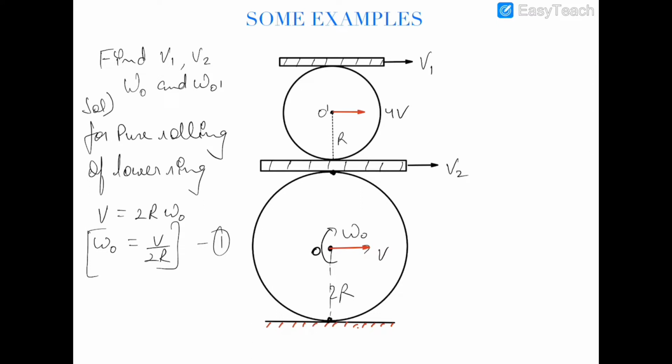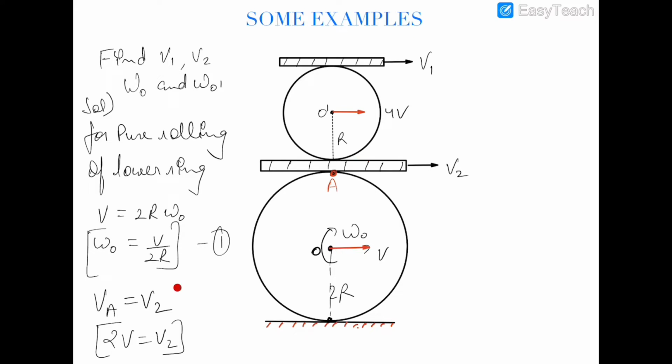Now obviously the pure rolling is also occurring at this point. Let's suppose it is A. So at A pure rolling is occurring, therefore we can say that velocity of A should also be equal to V2, and velocity of A would be 2V, as we have already discussed that for a round object which is pure rolling on the ground, the velocity of its topmost point is twice the velocity of the center.